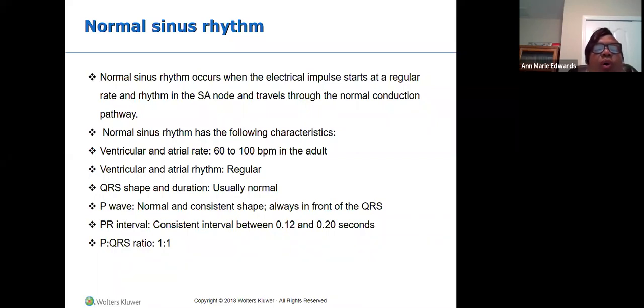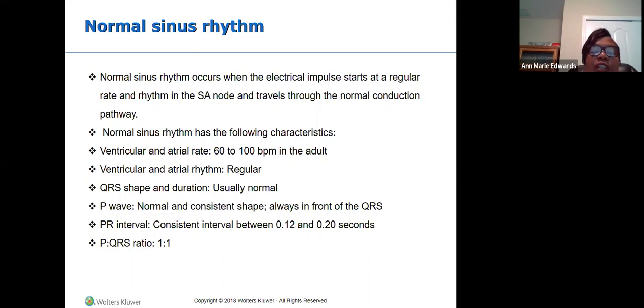That's what we call our normal sinus rhythm. Normal sinus rhythm has the following characteristics. The ventricular and atrial rate is 60 to 100 beats per minute in the adult. We discussed that already. So we say that's a normal sinus rhythm.